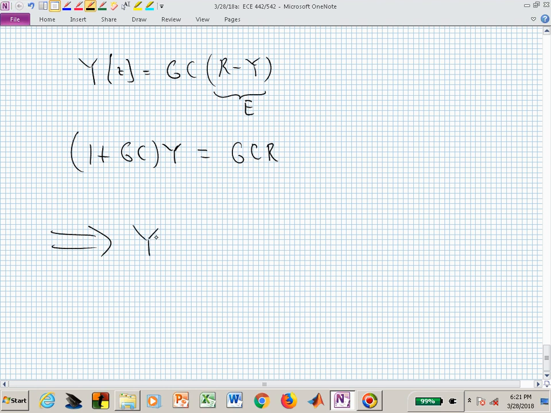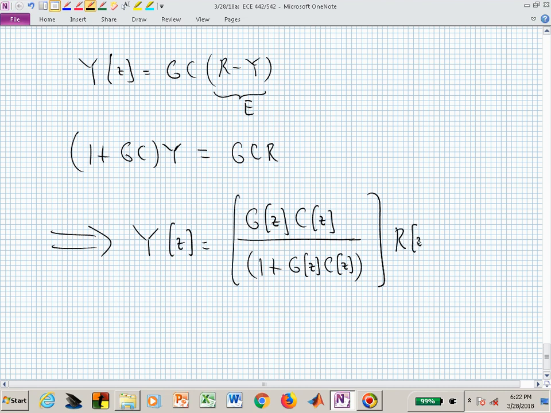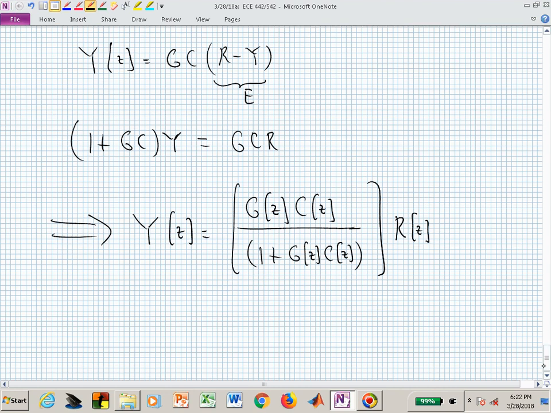If we now solve for Y of Z, Y of Z is G of Z, C of Z, over 1 plus G of Z, C of Z, and all of that is scaled by the reference input signal R of Z. That's actually our desired closed-loop transfer function, the transfer function between our reference input R and the output Y.